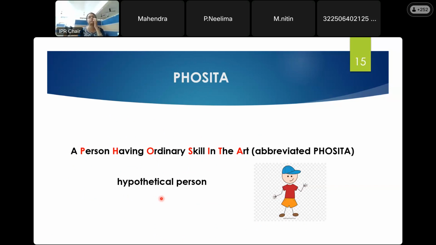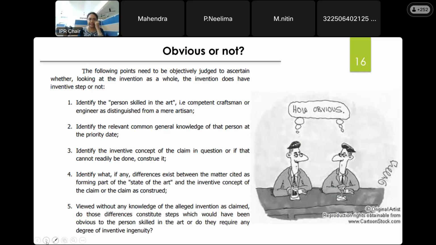This is a hypothetical person, and it's very frequently used in the Patent Act. So you can go through this slide. It's not that important. You have to understand whether your invention is obvious to a person skilled in the art or not obvious. If it is not obvious, then it has got inventive step and then it has got patentability.